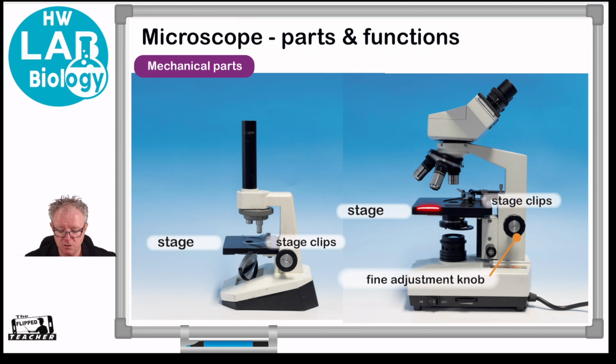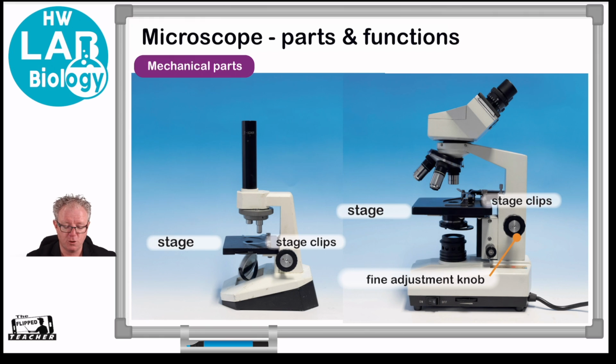Okay, now we've talked about the stage, the place in which you put your specimen. It's held together by stage clips. Now with this simple microscope, they're just clips which hold the slide in place. You have to physically move it with your hands if you need to change its location. However, with our more expensive microscope here, you can see they've got a mechanism that has like little dials you can turn, and that helps move the slide in all different directions, so you can be more precise with your movements, right?